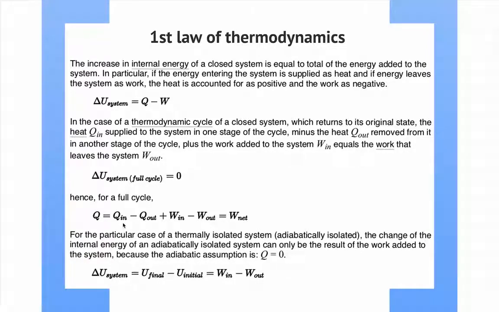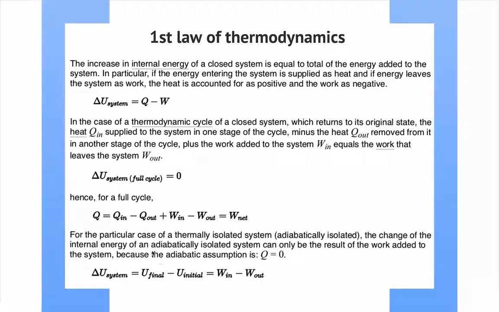So we can go to a very specific case. In the particular case of a thermally isolated system, which is also referred to as adiabatically isolated. We'll come back to what adiabatically isolated means. But let's imagine a situation where it's completely thermally isolated from the outside. In other words, no heat can come in, so Q is 0.